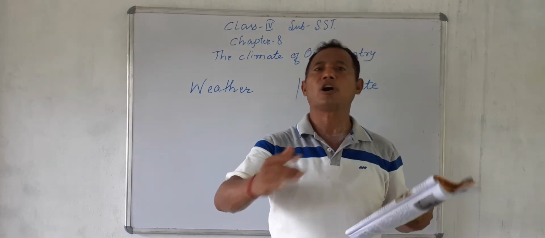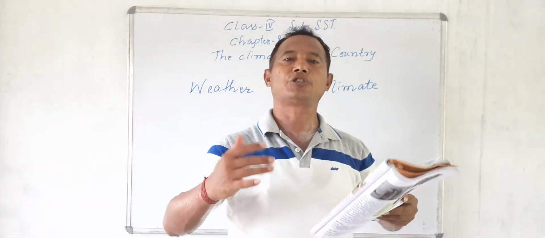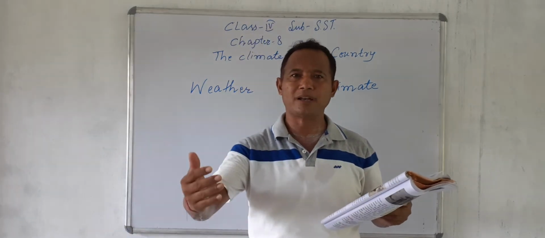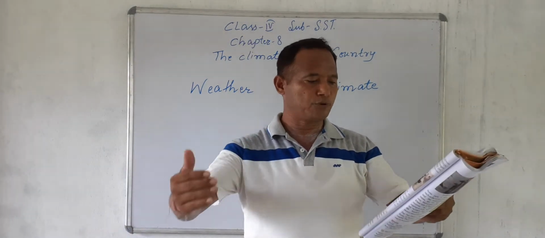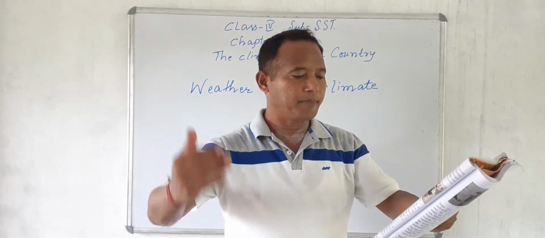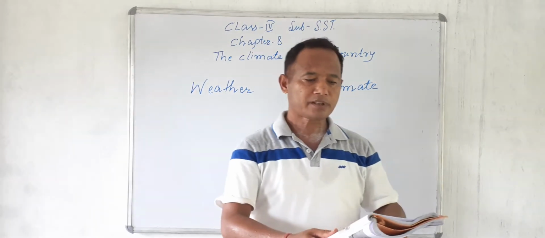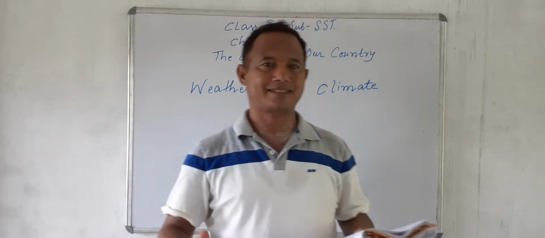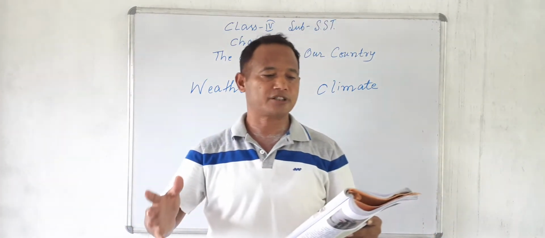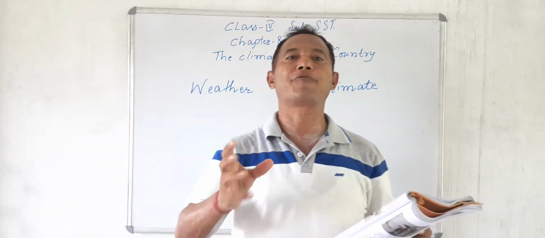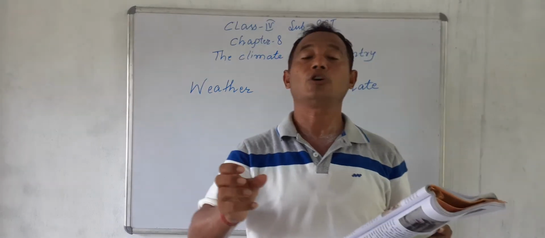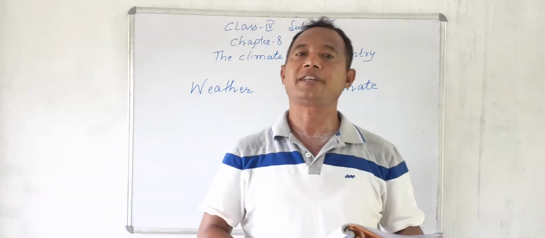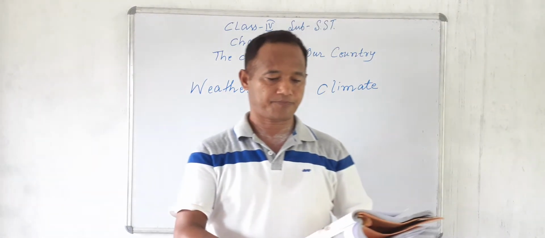Except the mountains, most parts of India experience the summer season in the months of March, April, May and June. In the summer season, the days are longer than the nights, and in some parts of the northern plains, the hot dry winds called Loo blow, and dust storms are also common in the regions.